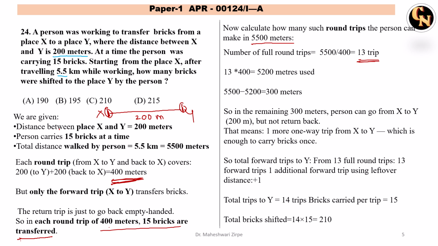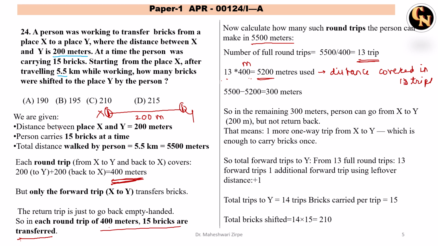Now let us see 400 meters into 13 trips. Whatever to and fro 400 meters he is traveling, and 13 trips he will be doing. So total distance covered in 13 trips is nothing but 5200.